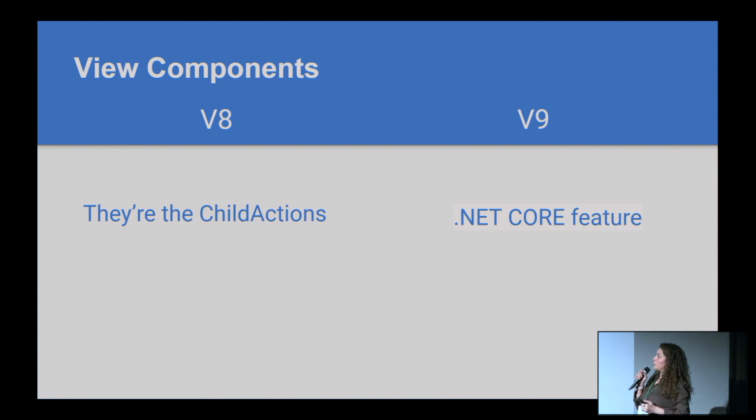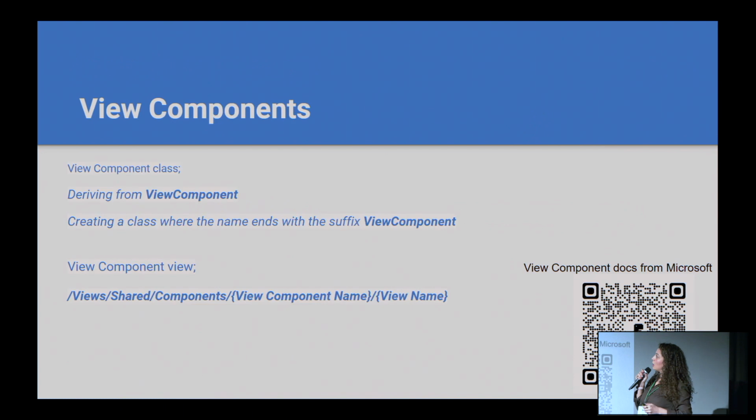So we had view components as child actions in version 8, and we do have it in version 9 as a .NET Core feature. So the best use case we had with view components is when it's a class.